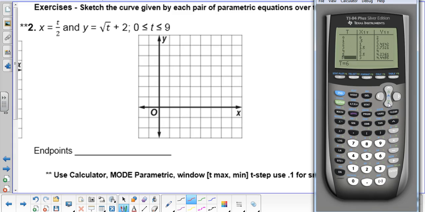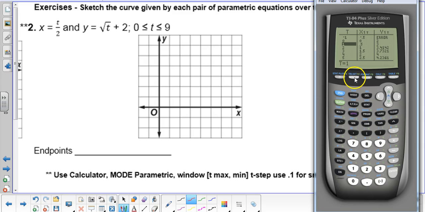I need to know how to set up my X and Y window, so I want to look at the values. By pulling up the table, I can tell how to set my X and Y window. My X values go from like 0 to 5, and my Y values go from like 2 to 5.